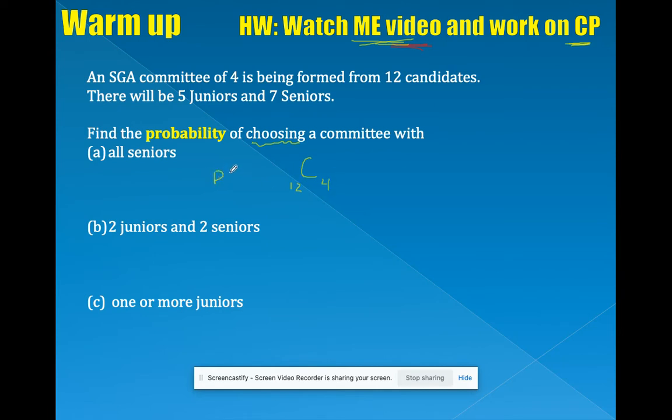The probability of this event happening is the ways that my event can happen over my total sample space. My sample space is 12, choose 4. And I got a fraction that I reduced to 7/99 when I was done.